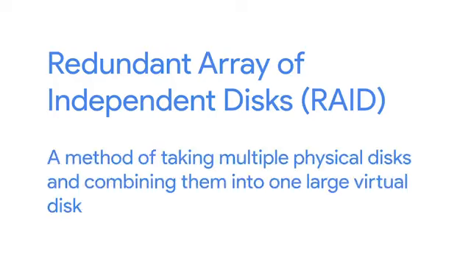These are issues a RAID array can address. RAID stands for Redundant Array of Independent Disks. It's a method of taking multiple physical disks and combining them into one large virtual disk. There are lots of types of RAID configuration called levels. Depending on the characteristics desired from the array, various RAID levels prioritize features like performance, capacity, or reliability.